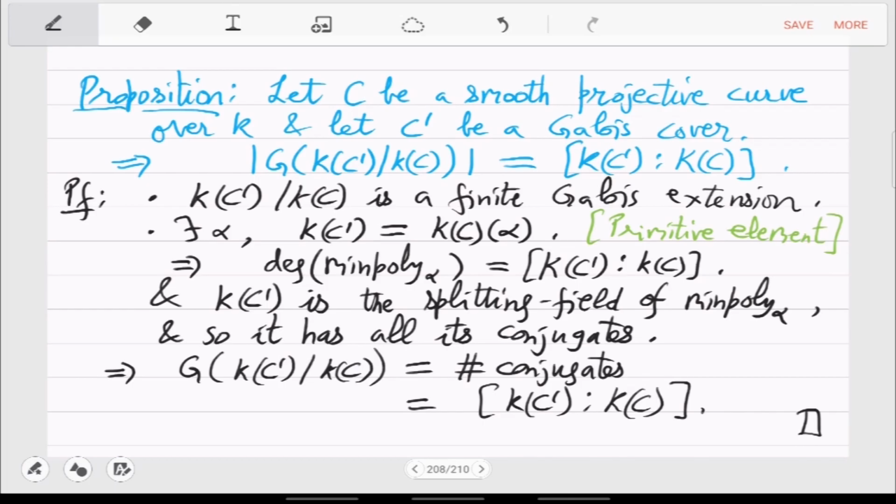This has been made possible because instead of the curve we have moved to its function field. So in terms of geometry it doesn't look very simple, but in terms of field extensions it's quite straightforward. Just the starting point of Galois theory.